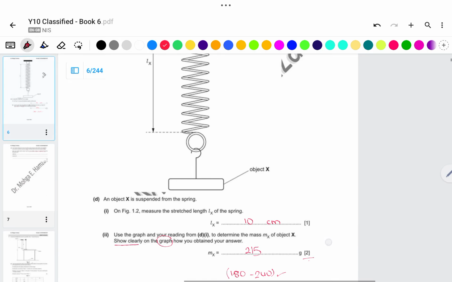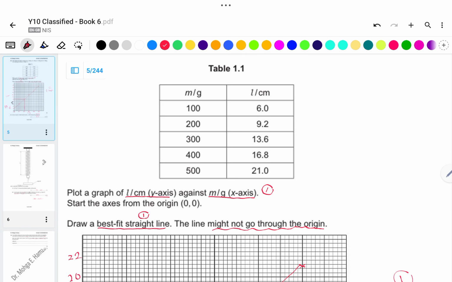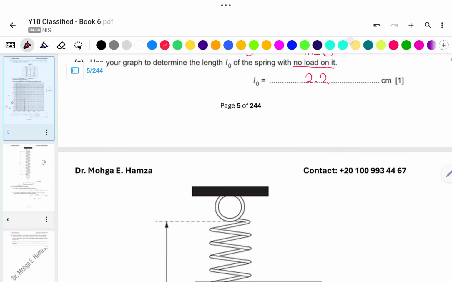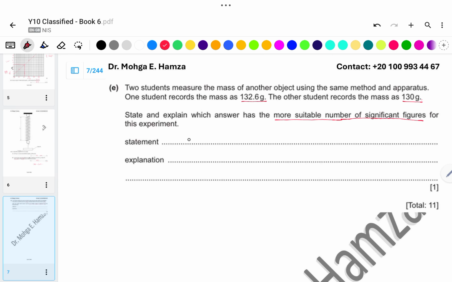So what I need to do is I need to see the mass that was used. I don't have any decimals in my mass. As you can see, it's 100, 200, 300, 400, 500. So obviously, the more suitable one will be the one with less significant figures. So I'm going to say that 130 grams is more suitable. Why is it more suitable?